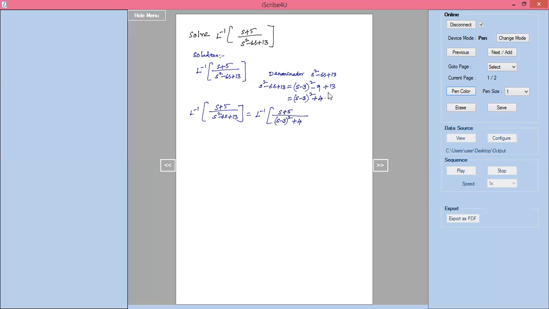Already explained how we have to simplify this one.